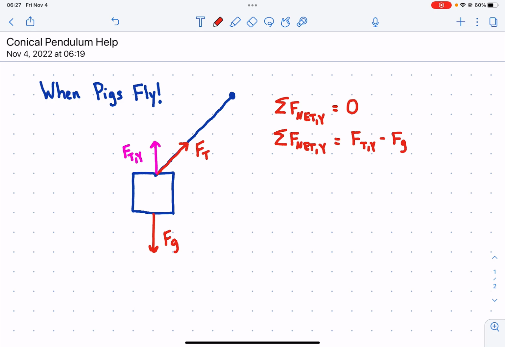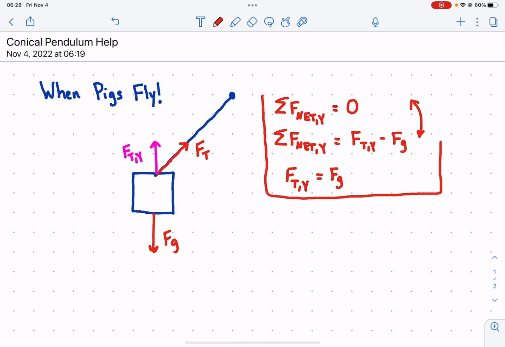Once you have those two relationships, well then we know, since it's equal to 0, that the tension force has to be equal to the gravitational force. And that's that. That will be our forces that are acting in the y direction.